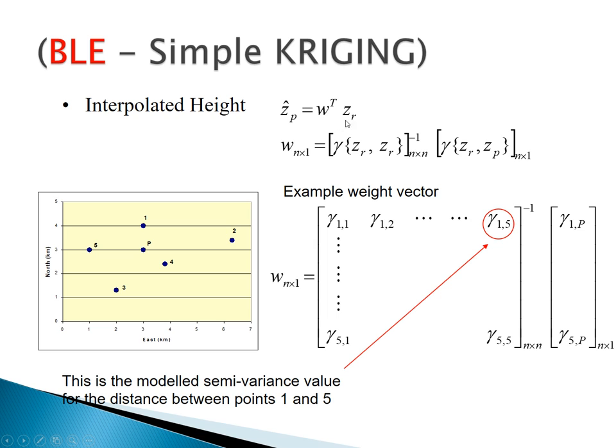Our interpolated height, again, looking at this, so W, which is our weight matrix, has my gamma values all the way around. Easy weight matrix, because all I'm doing is taking the semivariogram values and putting them in there. And then I have my gamma values, which are here, and there's just one to the point that I don't know, right? So these are the known, these are the unknown.